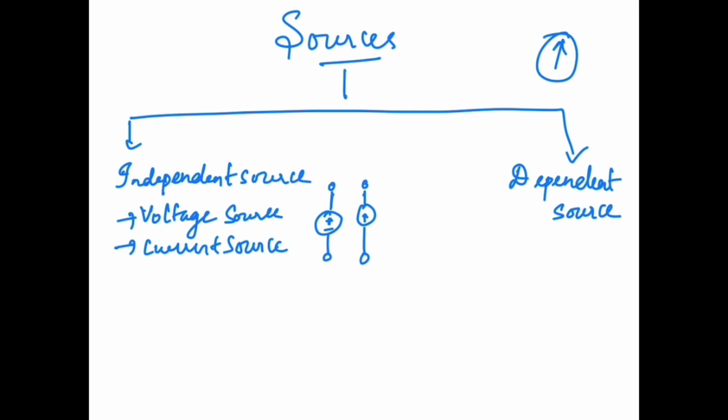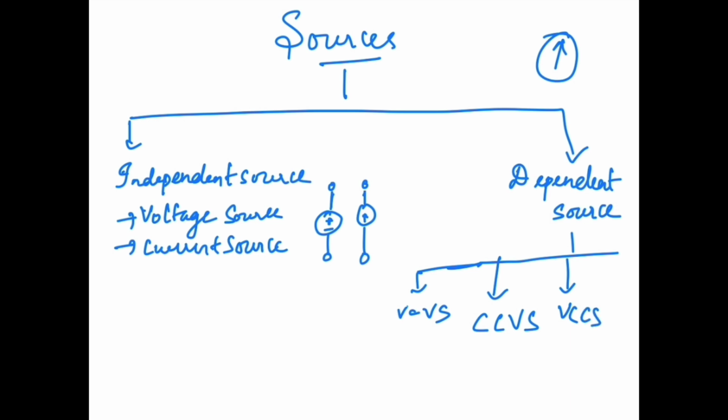And dependent sources are of four types. They are voltage controlled voltage source, current controlled voltage source, voltage controlled current source, current controlled current source. And it is usually denoted in a diamond box. If it is a voltage controlled voltage source, it will be given as a constant alpha into Vs, where Vs is some other voltage.